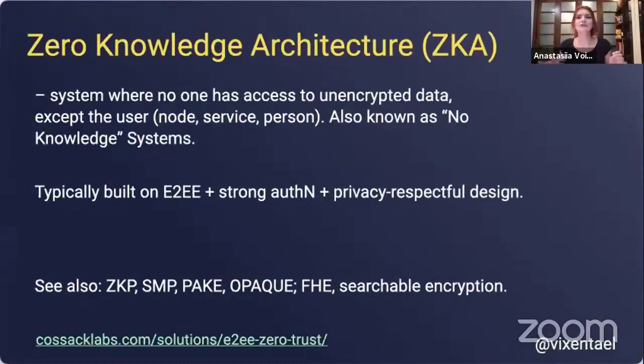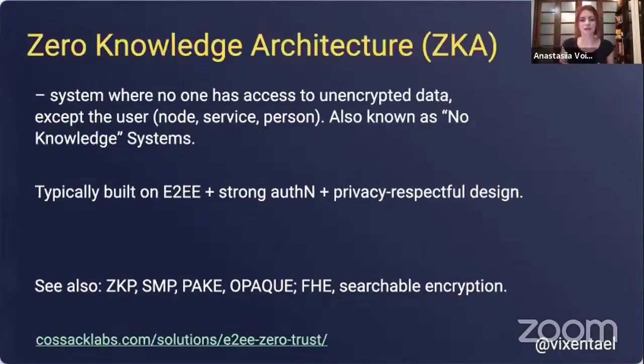The term is a little bit vague, I will put it this way, because we also have another very similar term, zero knowledge proof protocols, which are cryptographic protocols, right? So zero knowledge architecture is not so widespread. It can also be called no knowledge architecture. The idea is that your system operates on data without having access to plain text.